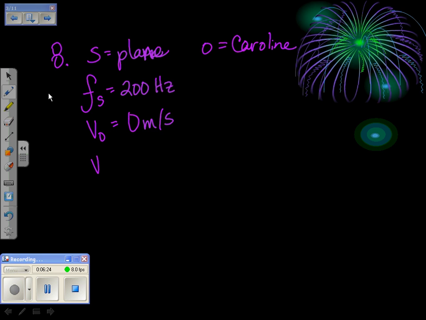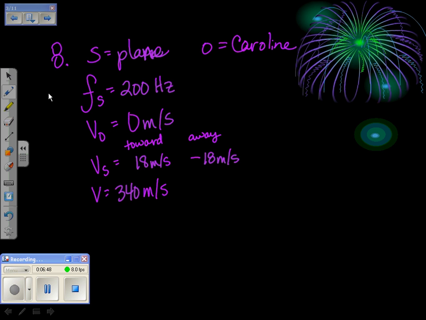And the plane, the V source, is moving toward her with a positive 18 meters per second, but away from her, it would be a negative 18 meters per second. And then we know the speed of sound in air is 340 meters per second.